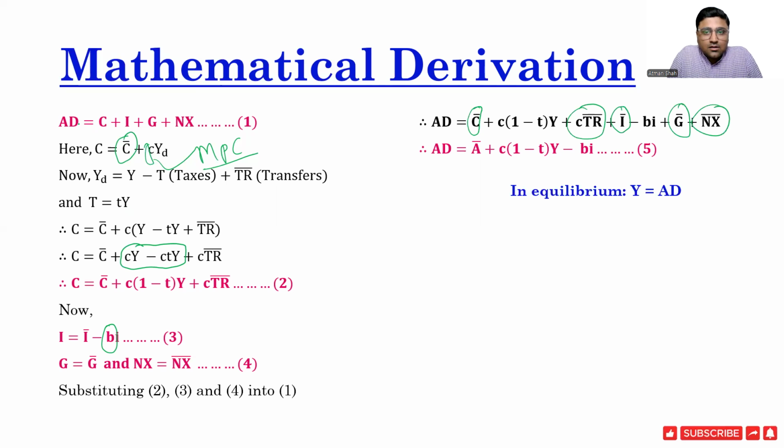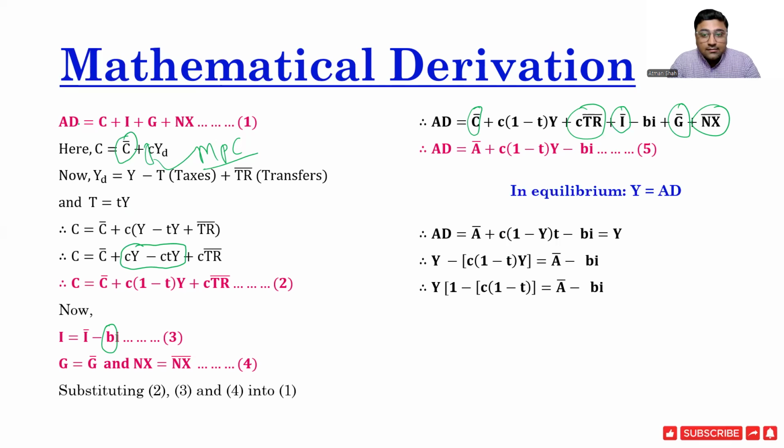Now in equilibrium, Y is equal to aggregate demand. So therefore, Y is equal to A bar plus c(1 minus t)Y minus bi. So let's take the terms that include Y on the left hand side and the remaining part on the right hand side. So Y minus c(1 minus t)Y is equal to A bar minus bi.